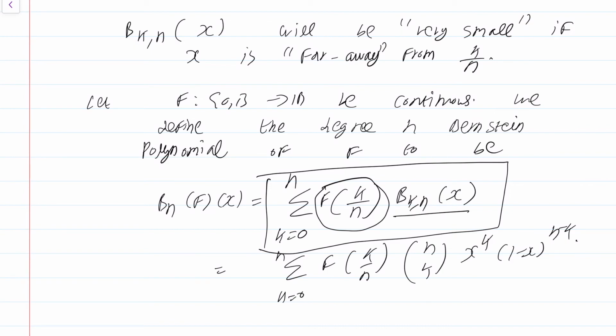When x is very, very close to k by n, this quantity b k n of x will be very, very close to 1, and the value f of k by n will be completely counted. Whereas for those k by n's which are far away from x, these terms b k n of x will be 0 and they will contribute nothing to the sum. Okay, so essentially we will get the sampled value of f at k by n. So this is all sounding a bit vague, but don't worry, we will make it precise.